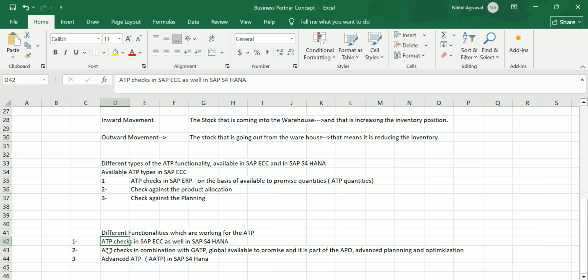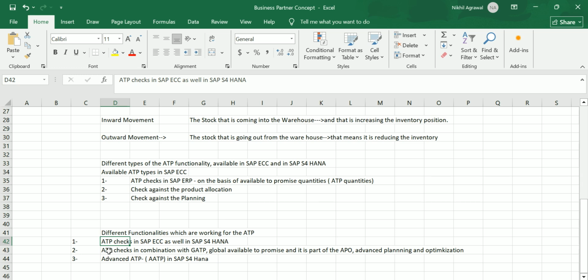Here, an important thing to understand: in case of the second one, if the customer is using ATP with the GATP, then APO is a separate box. It has to be connected with SAP ECC. It is not in the SAP application.